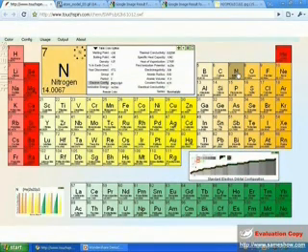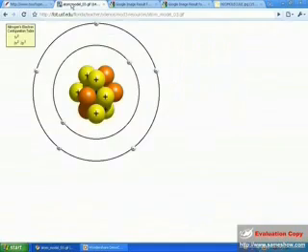The atomic number is a number that tells you how many protons an atom of that element has. In this case, nitrogen has an atomic number of 7. Therefore, it must have 7 protons. Now, like I said before, if you have 7 protons, you're going to have 7 electrons. So if we go back here, this is a nitrogen atom, and the atomic number for nitrogen is 7, so there are 7 protons.